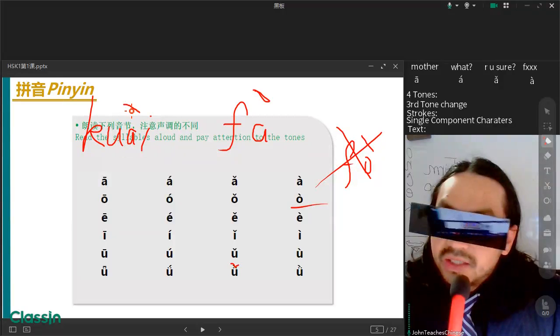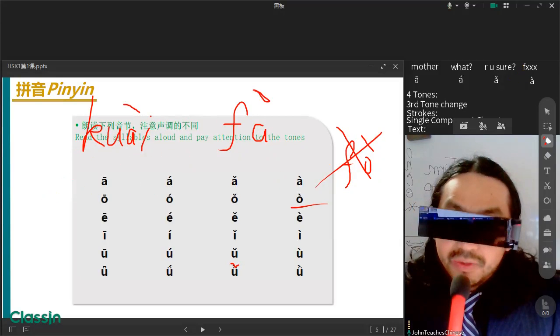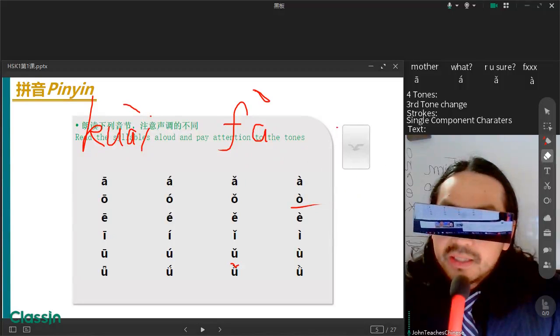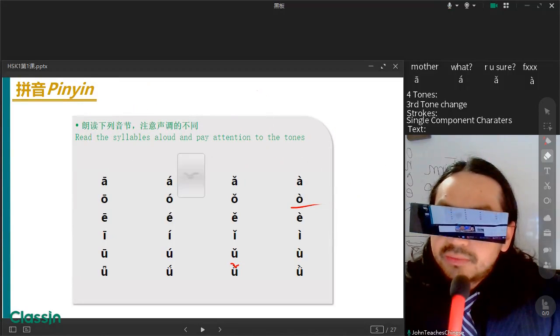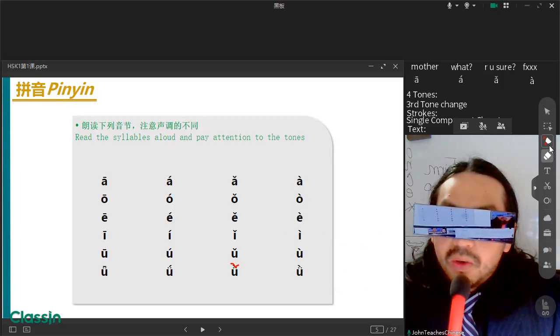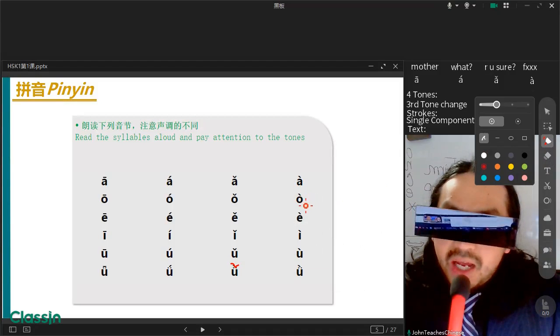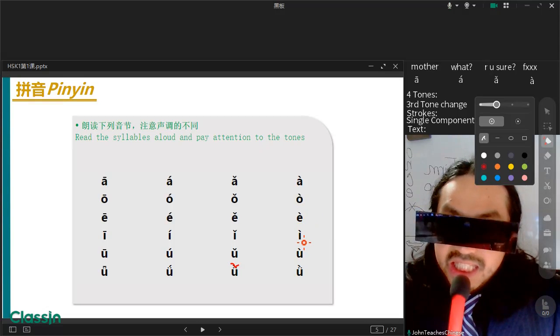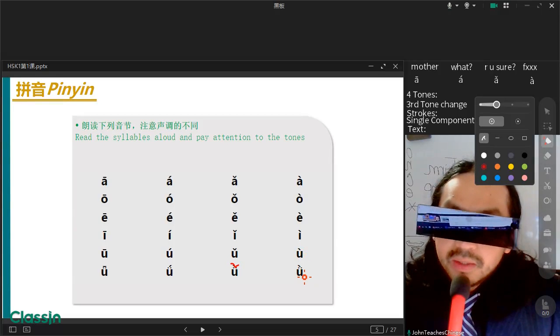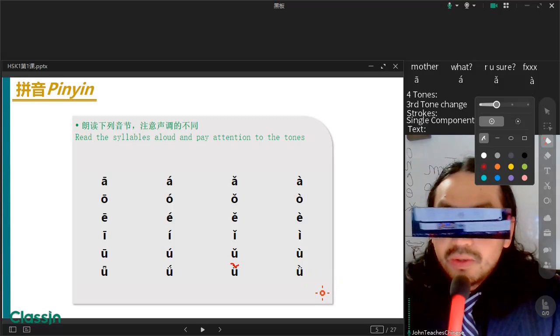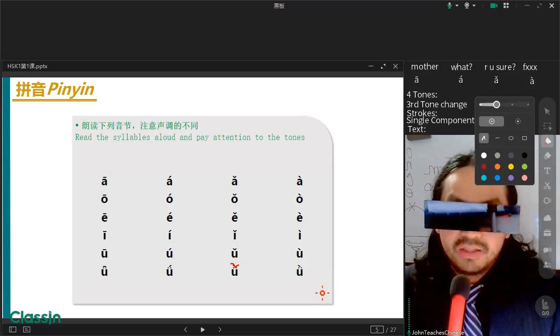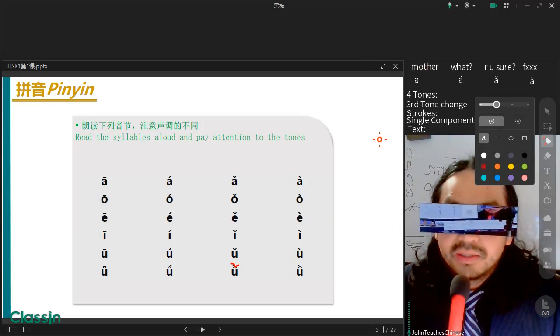Okay, and the last tone, huai. Okay, let's read the rest. A, o, i, u, yu. So up to now, you should be able to master the four tones, like here.